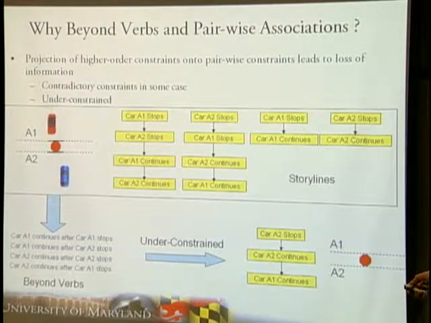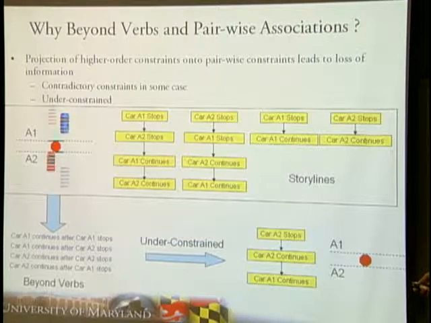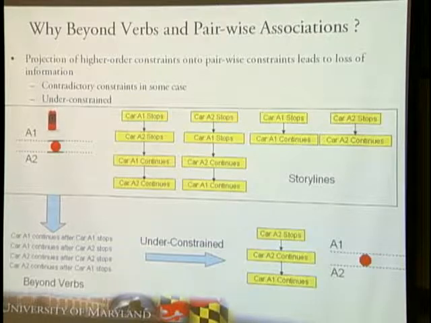That is, car A1 stops, then car A2 stops, then car A1 continues, finally car A2 continues. In the second case, car A2 stops first, then car A1 stops, then car A2 continues, and finally car A1 continues. In the third case, there is only one car, that is car A1, which stops and continues. And finally, in the fourth case, there is only one car, A2, which stops and continues.